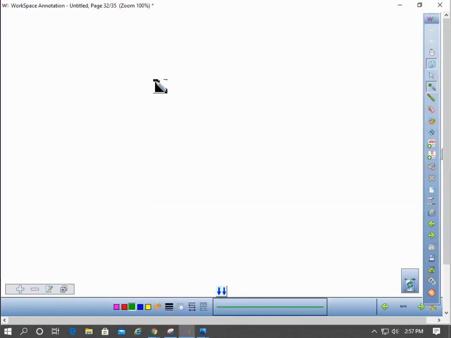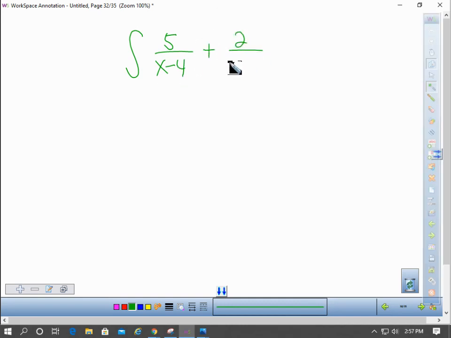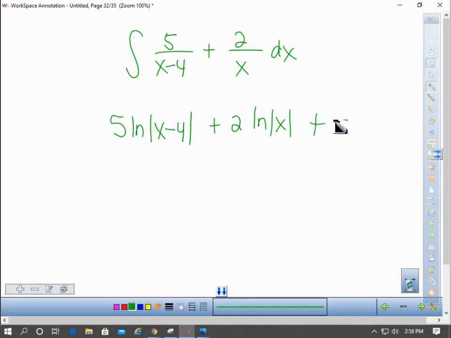Okay, so if I integrate ln, let's say I had 5 over x minus 4 plus 2 over x dx. Well, this is just going to be 5 ln of x minus 4 plus 2 ln of x plus c.